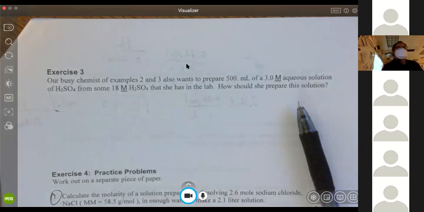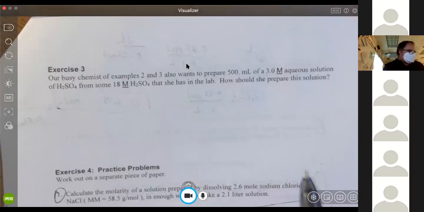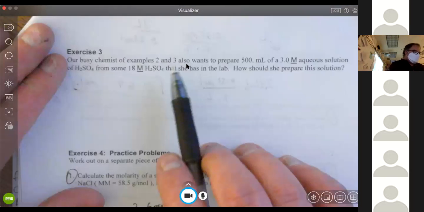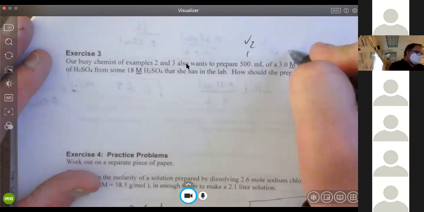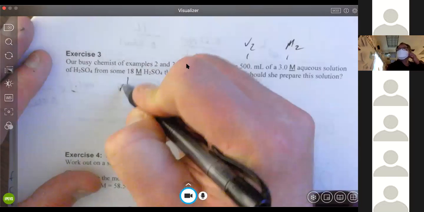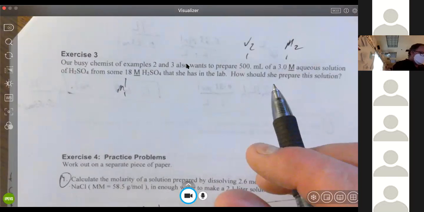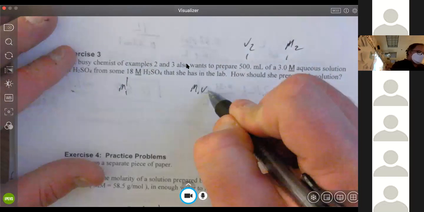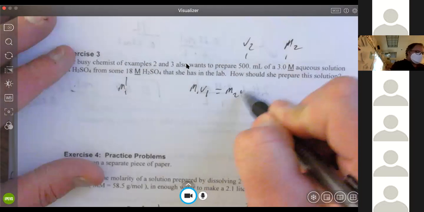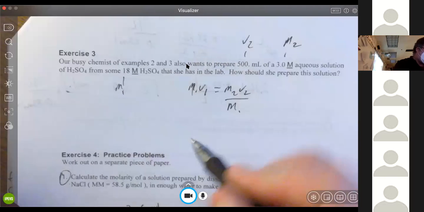All right. So the chemist is preparing 500 milliliters of 3 molar. So this is V2, this is M2, and this is M1. How should she prepare the solution? Well, M1V1 equals M2V2, dividing both sides by M1.